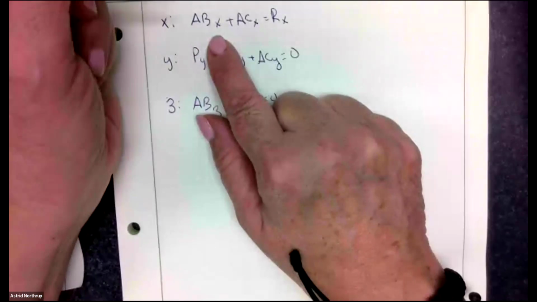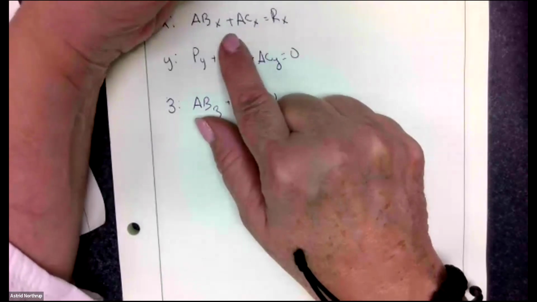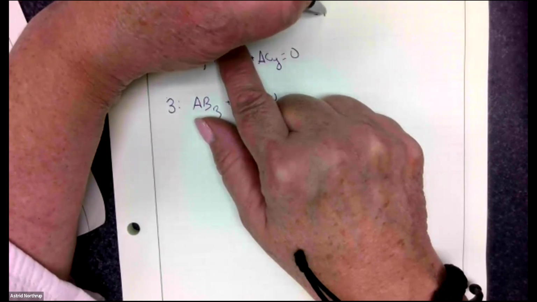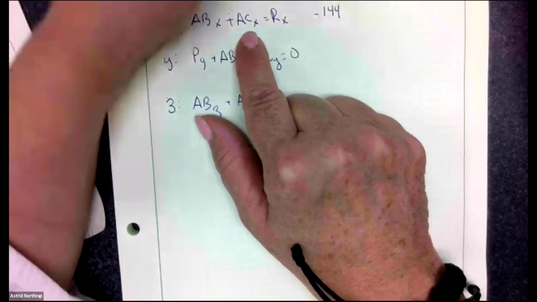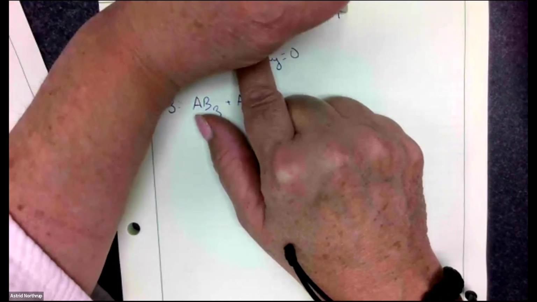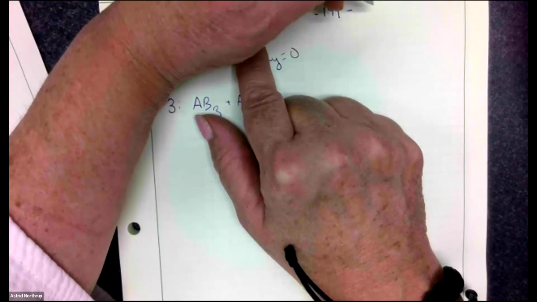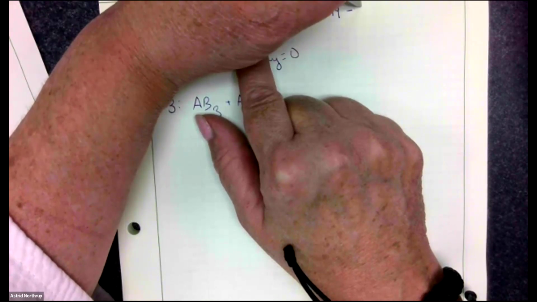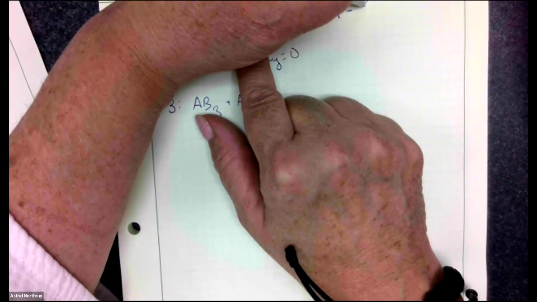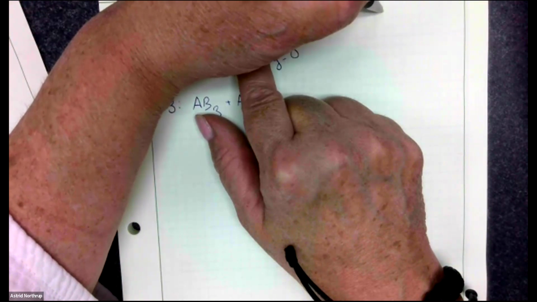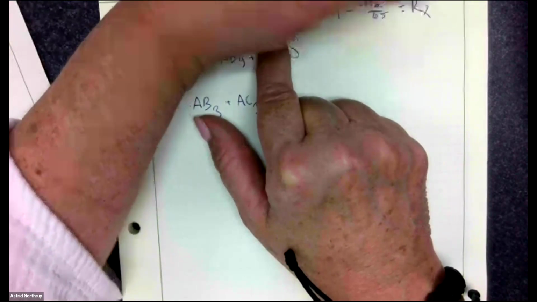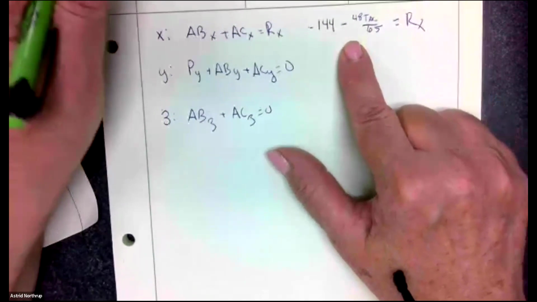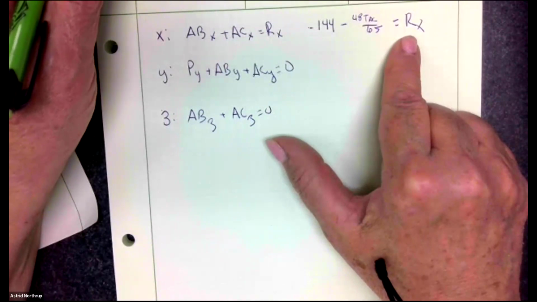All right, what is A sub BX? Well, A sub BX is negative 144. That would be in pounds. What is A sub CX? Well, it's going to be negative. I have to write negative 48 TAC over 65, and that's going to equal R sub X. Right here, I have two unknowns, so I can't solve that equation directly.